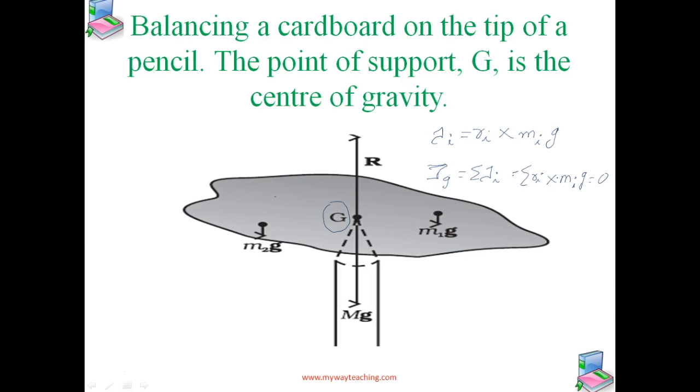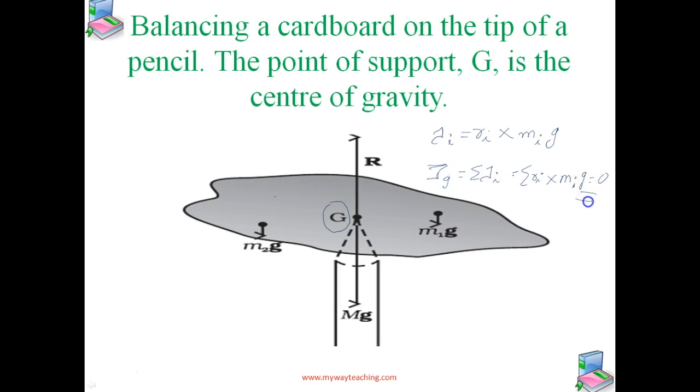We notice from the equation that we studied that g is the same for all the particles. From this equation, torque is equal to the sum of Ri times mi times g.